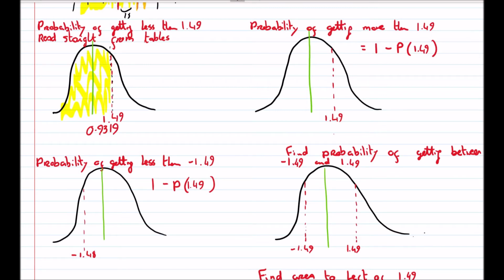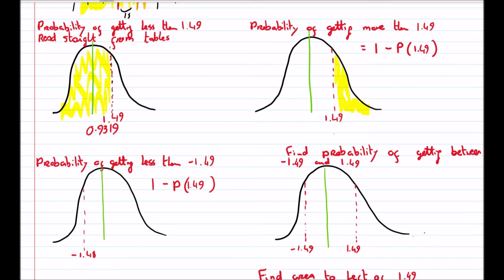However, if we look over on this one, we again have a z-score that's to the right of the mean, but this time we're looking at the probability of getting more than that score. More than that score will be all of this here, as opposed to what's behind it.